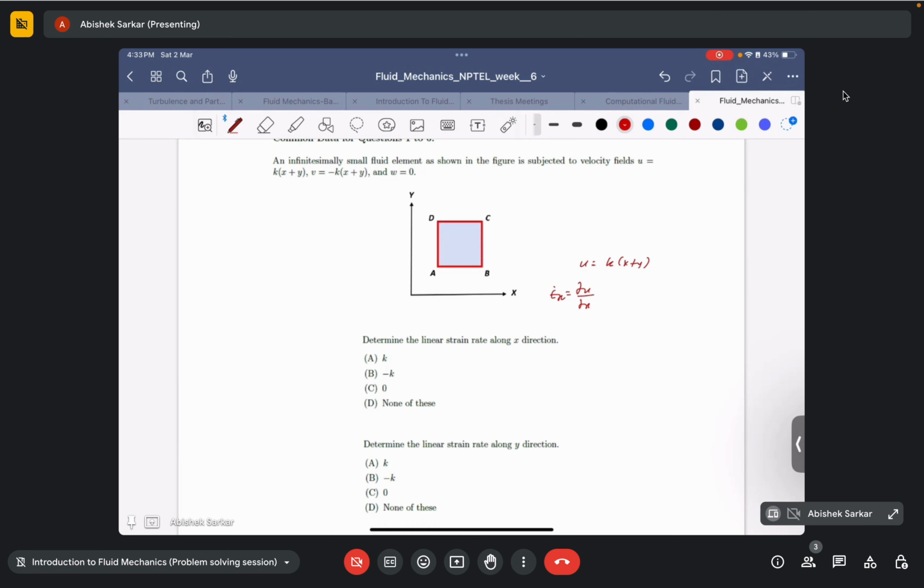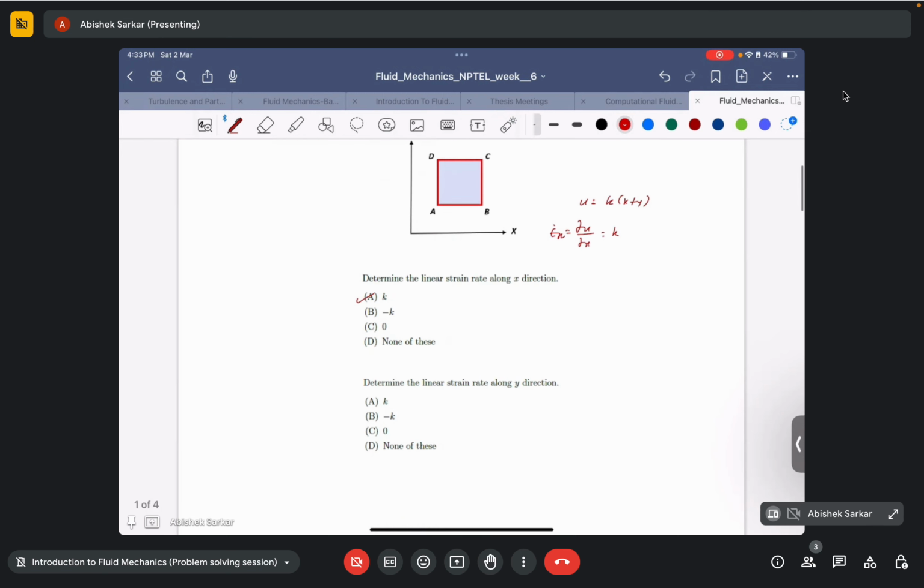If we take the partial derivative of u along the x direction, we will get that epsilon dot x, or dou u by dou x, is equal to k. So the correct answer for this question will be A. It's quite simple.